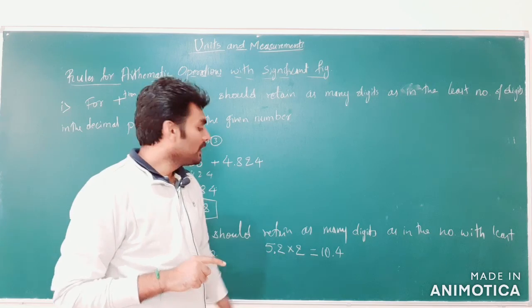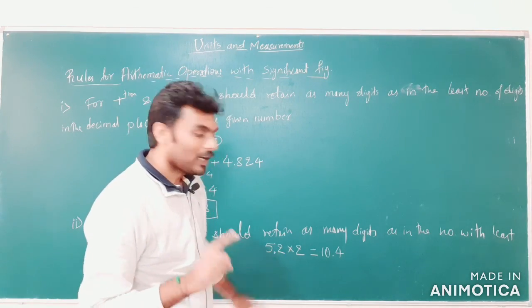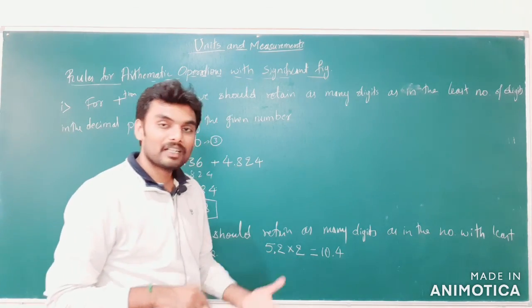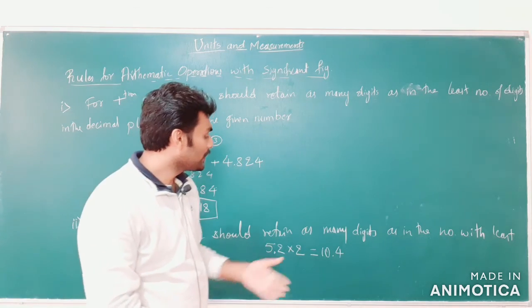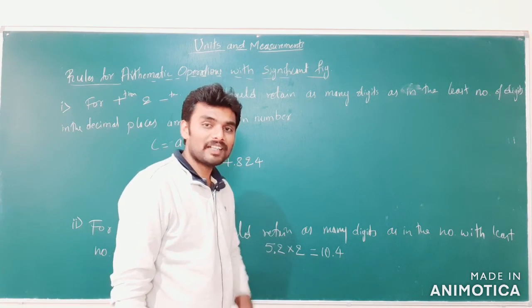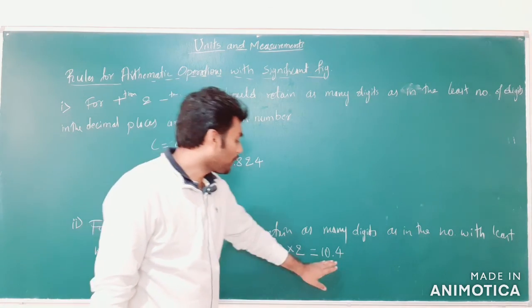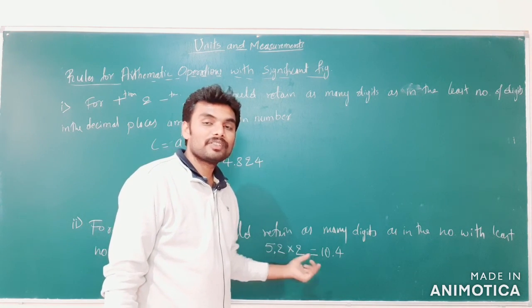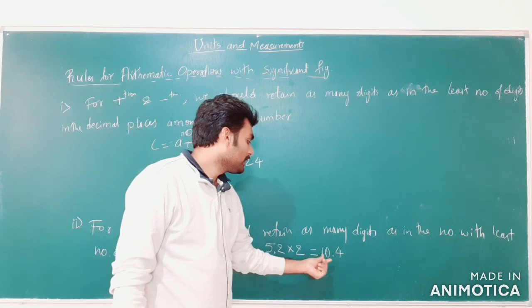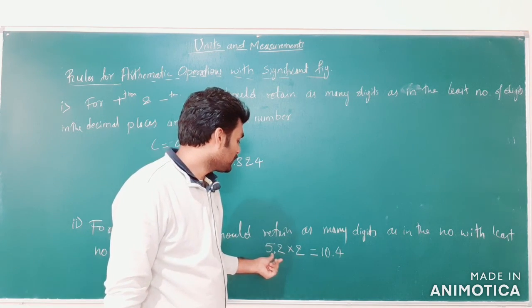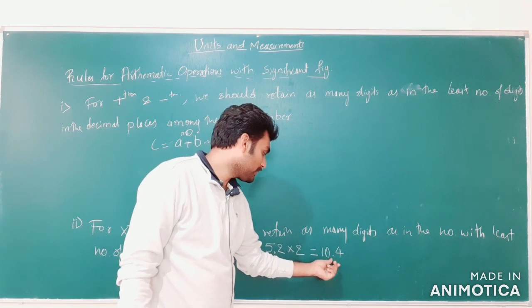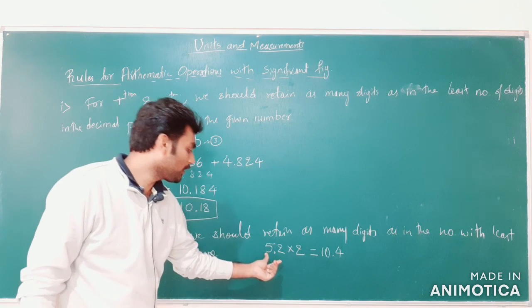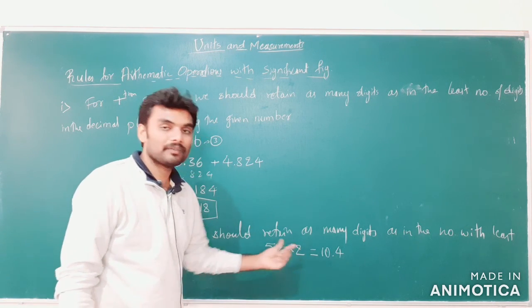So 5.2 is one number, this 2 is the other number, which are multiplied to get the product. And the rule says the product should have the significant figures equal to the least number of significant figures among the given numbers.